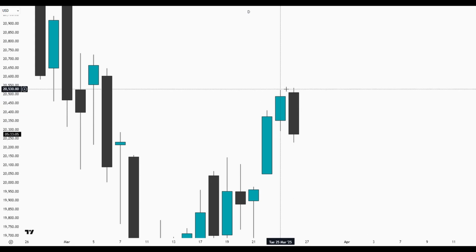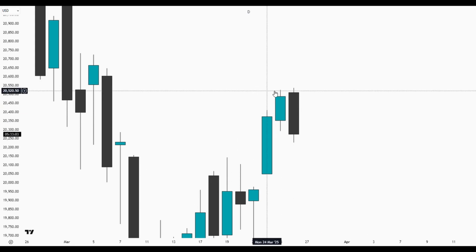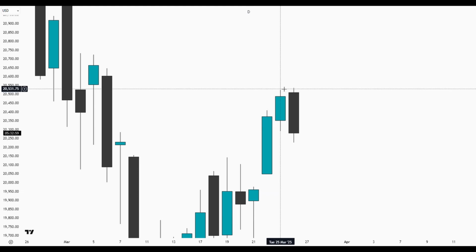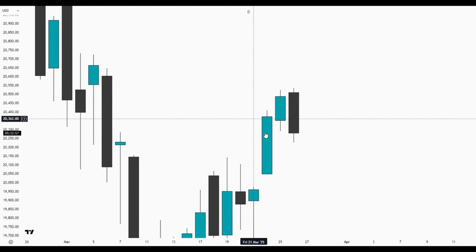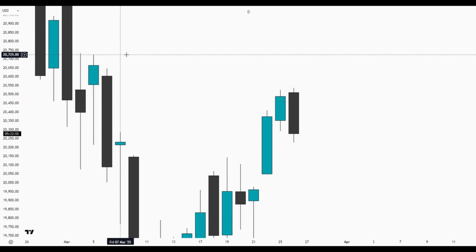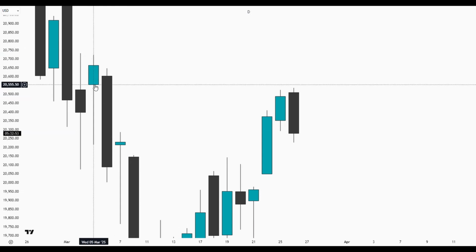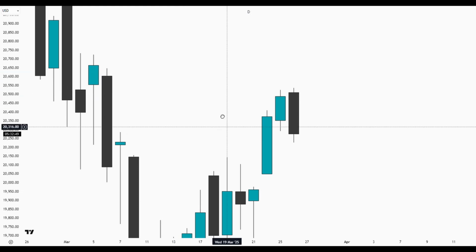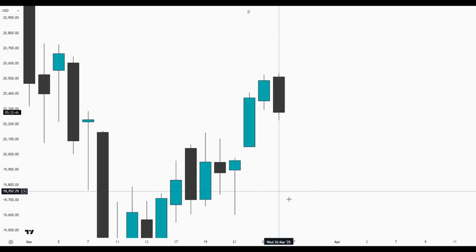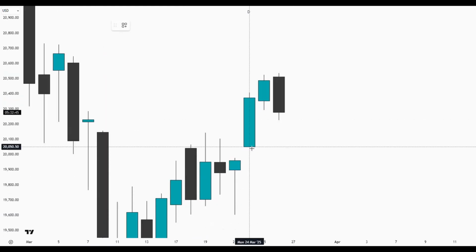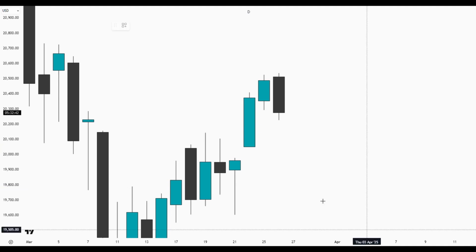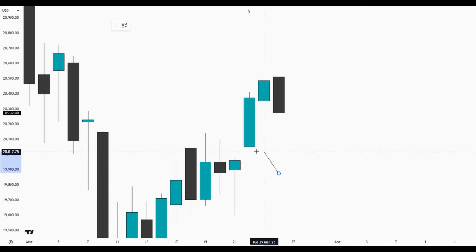So with that, I can look and say, okay, potential of price maybe not wanting to go higher. We have this bearish candle right here, and also, if you look right here at this candle, oh, my hour's gone.